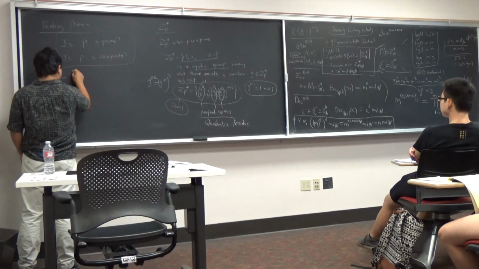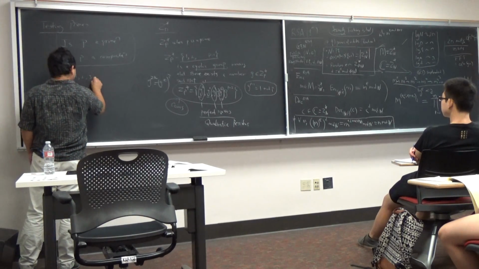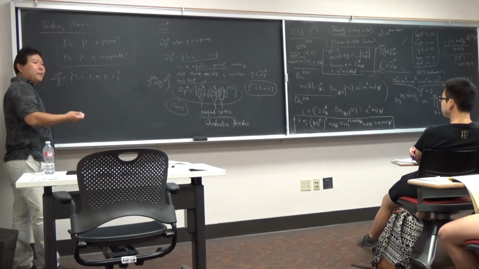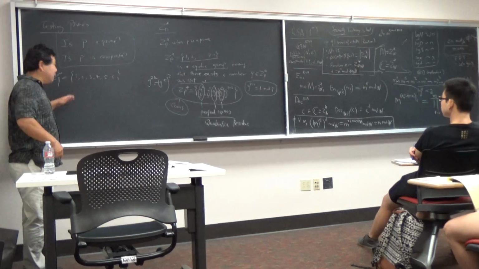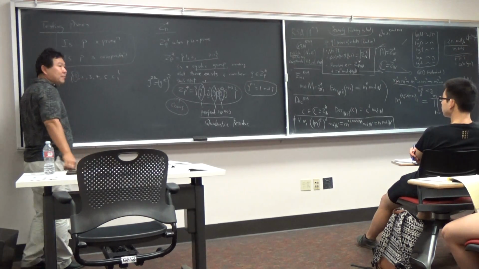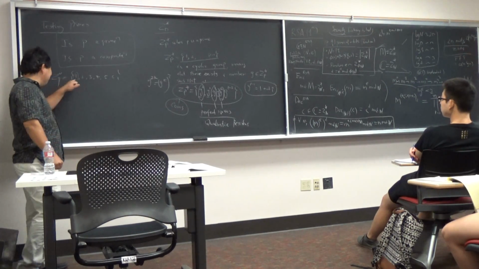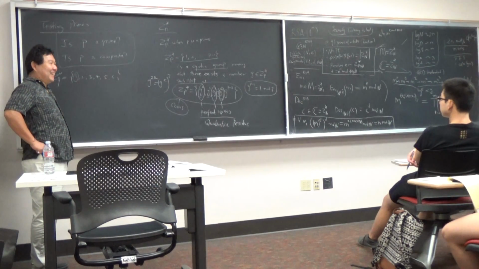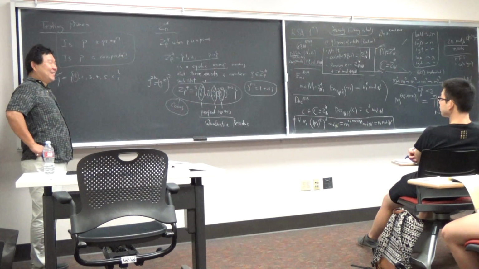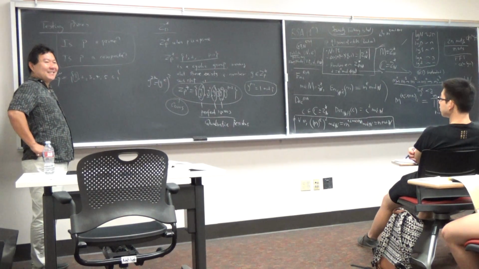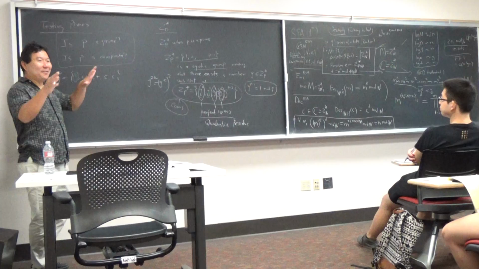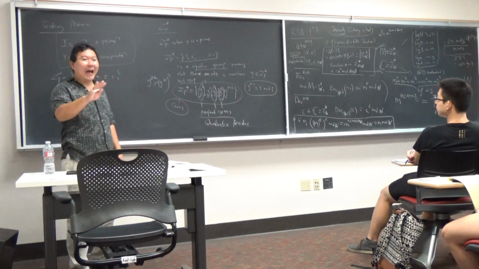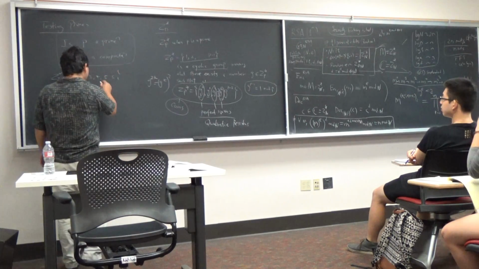It's basically 1, 2, 3, 4, 5, 6. So who are the perfect squares here? Let's just try. 1 is a perfect square, right? What about 2? How do you know 2 is not a perfect square mod 7? Let's just figure out who is, because we knew half of them are. If we can just do elimination, we can get half of them, and we're done. So is 4 a perfect square?